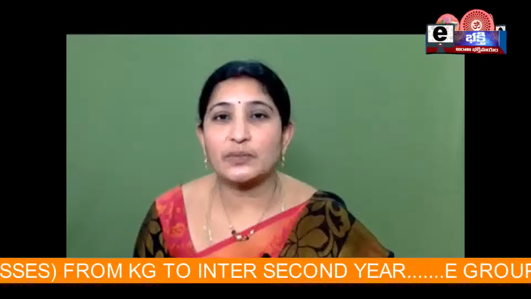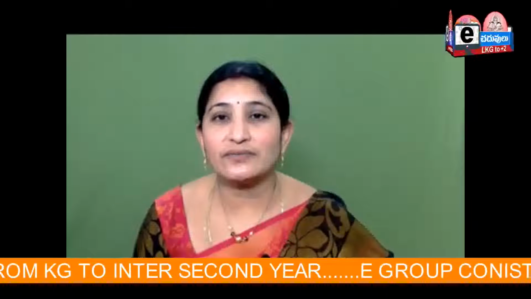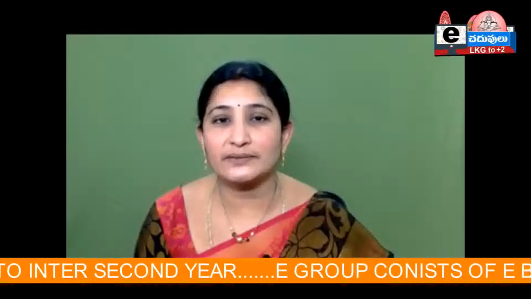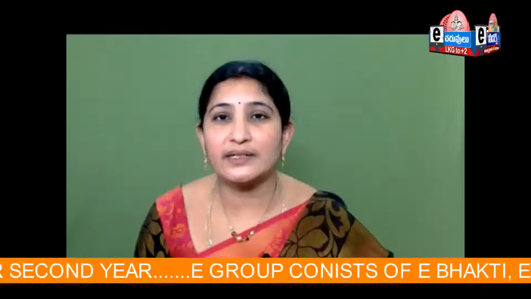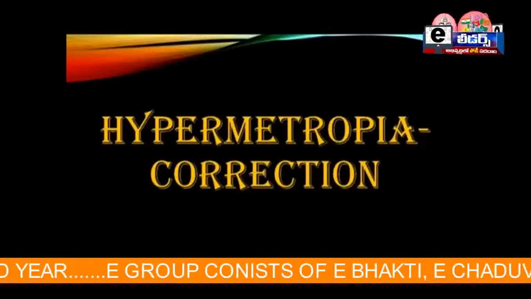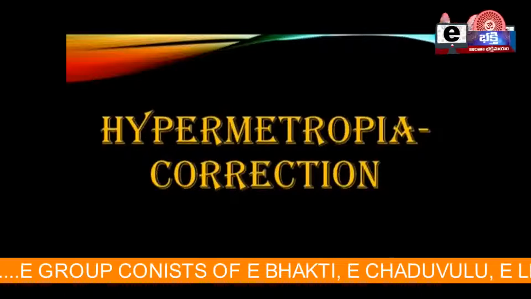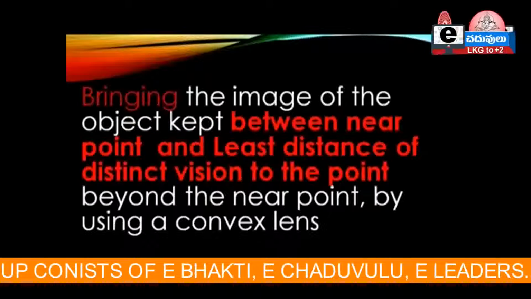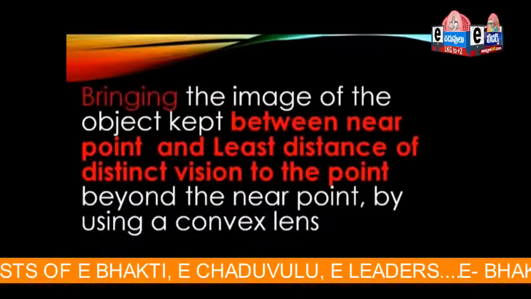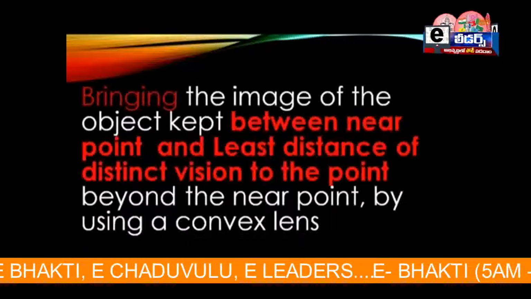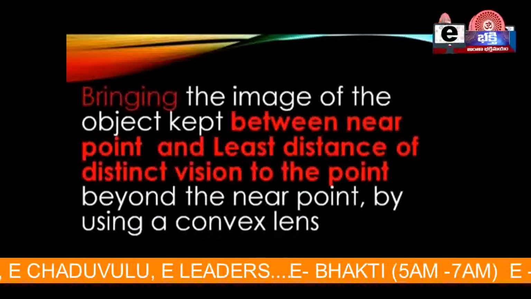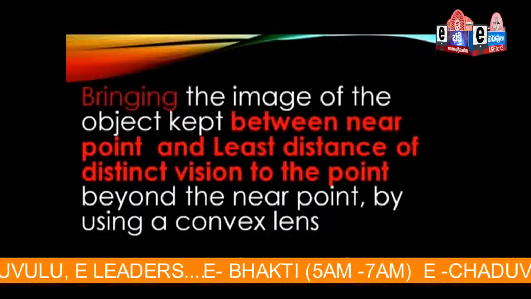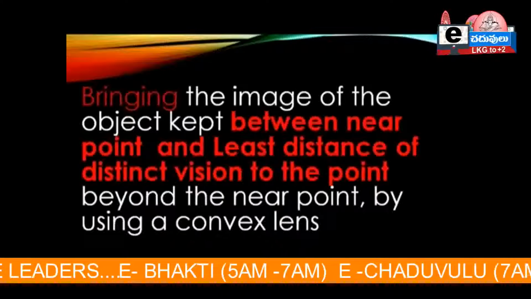Now we shall discuss the correction for hypermetropia. Hypermetropia and its correction. Using a convex lens, the image of the object kept between the near point and the least distance of distinct vision is brought to a point beyond the near point.